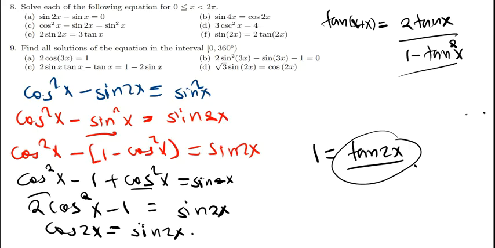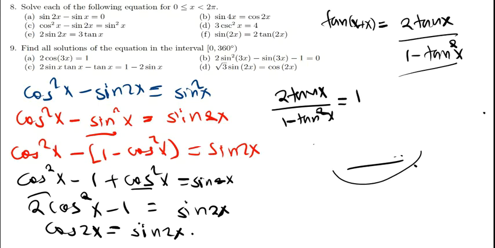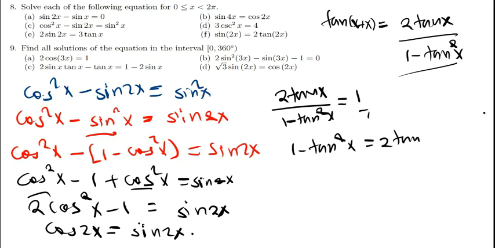So when I say 2 tan x divided by 1 minus this is equal to 1, it's going to be very easy for me. Then I'll have this. I'm going to cross multiply, and I'll end up having 1 minus tan squared x is equal to 2 tan x.